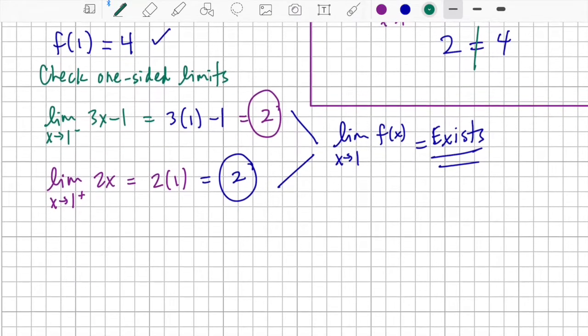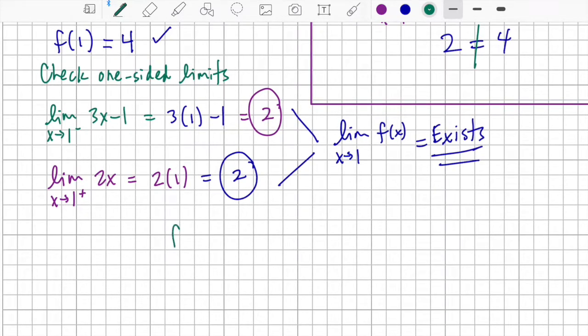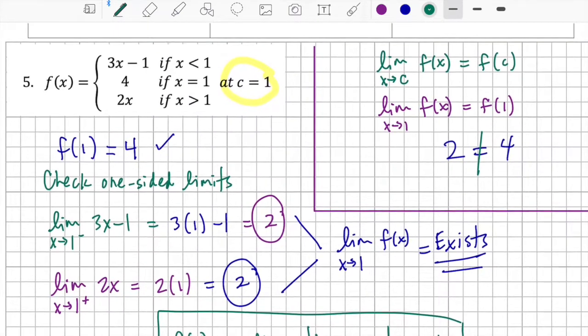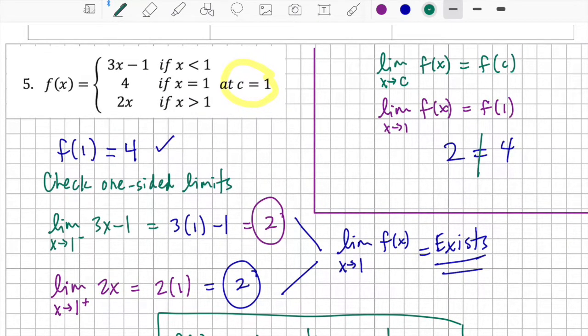Since the last condition is not met, we say that f of x is discontinuous at c equals 1. And the reason is because the third condition is not met. The third condition, it is this one right here. So it's discontinuous.